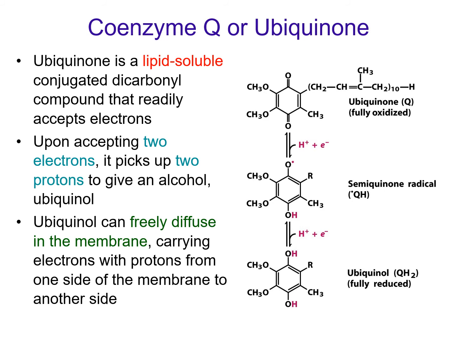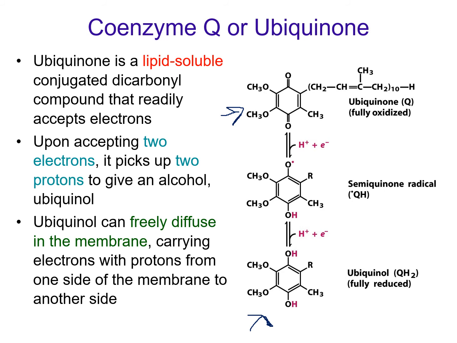You don't need to know the structure of this, but just to show you, we have ubiquinone, and then lastly ubiquinol, which gives us 2 alcohols because it took 2 electrons, but it also took 2 protons.